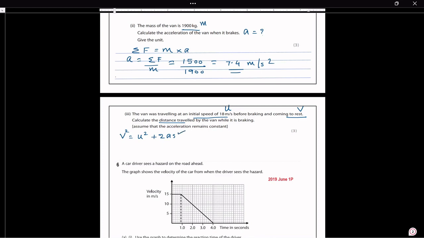So let us take the 2AS term and bring it here: V square minus U square equals 2AS. Therefore, keeping S as the subject, S is equal to V square minus U square over 2A. V square is 0 and U square is 18 square, divided by 2 times the acceleration.